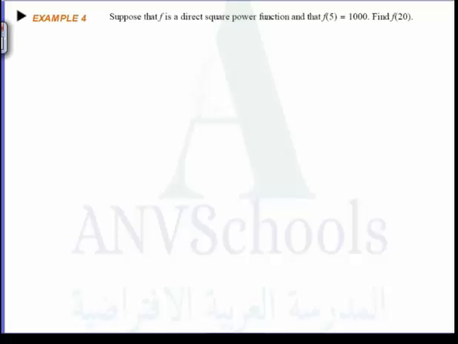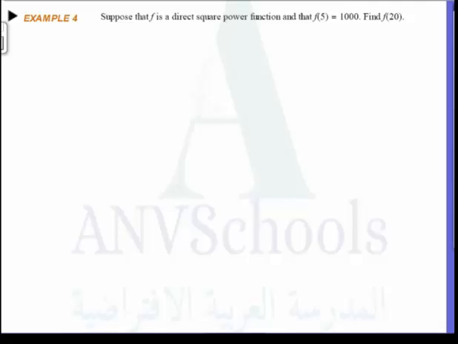Example number 4. Suppose that f is a direct square power function, and that f of 5 is equal to 1000. Find f of 20. So maybe we would need a table.